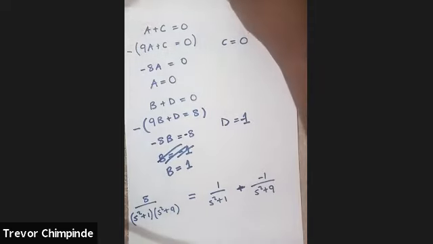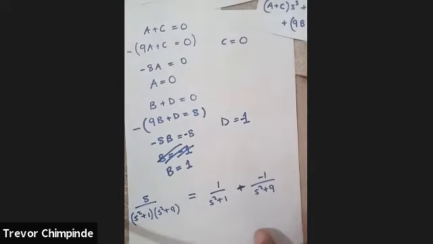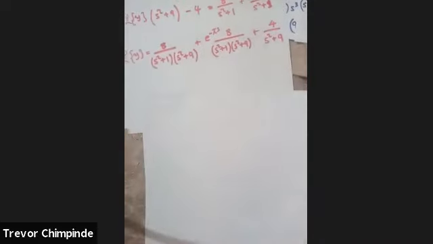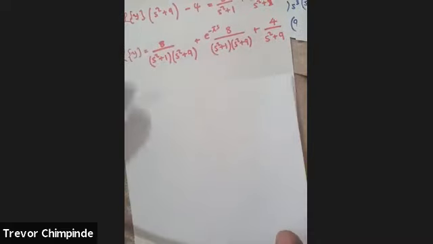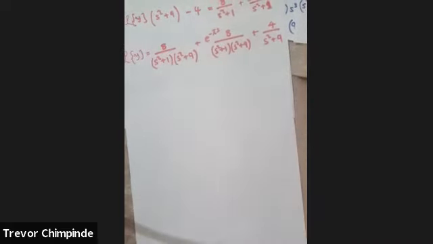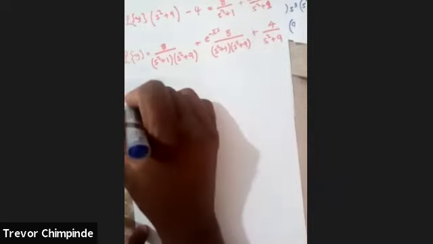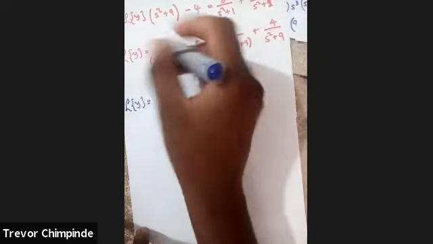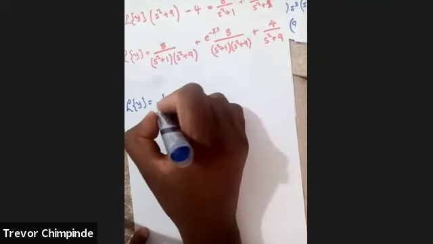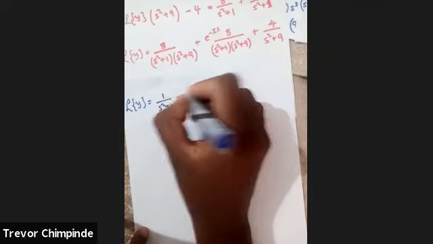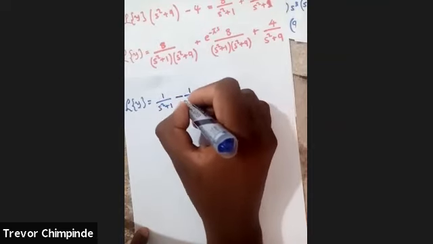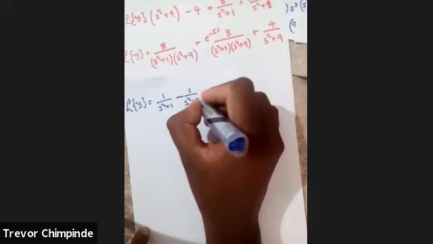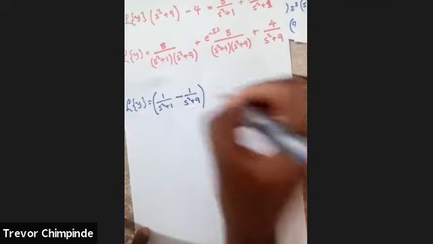We go back to our question now. So done the partial fractions. This is where we ended. So let's just finish it off. The Laplace of y is equal to, if you decompose this into partial fractions, 1 over s squared plus 1 minus 1 over s squared plus 9 as the first term.